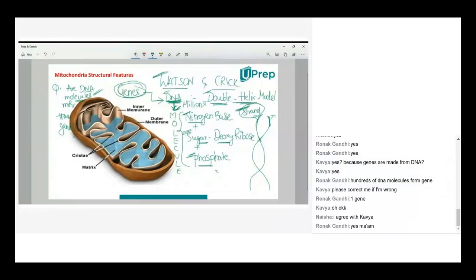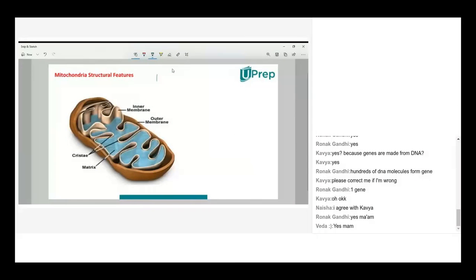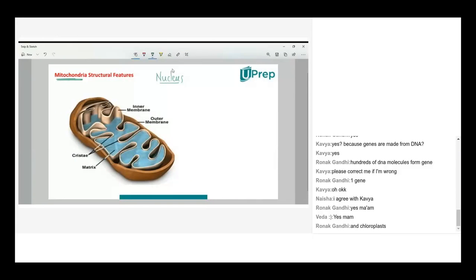Yes, ma'am. Okay. Now, when you take the whole DNA, DNA is not only present in the nucleus, it is also present in mitochondria. Here, we are talking about the functional aspect of mitochondria. The mitochondria will also have DNA in the matrix of mitochondria. You will find DNA here.